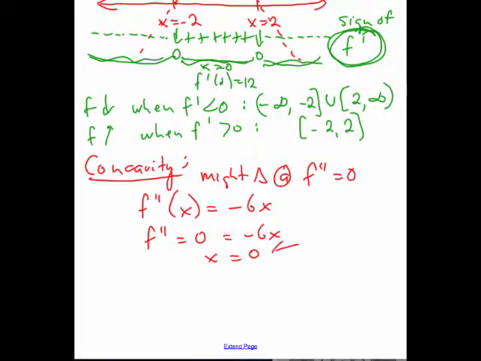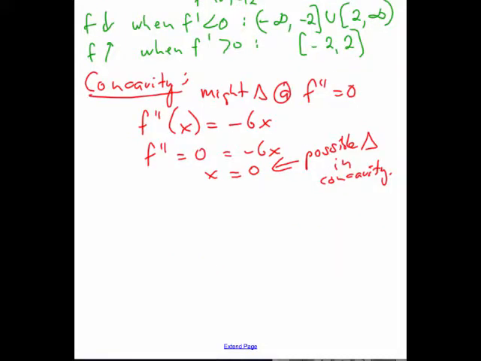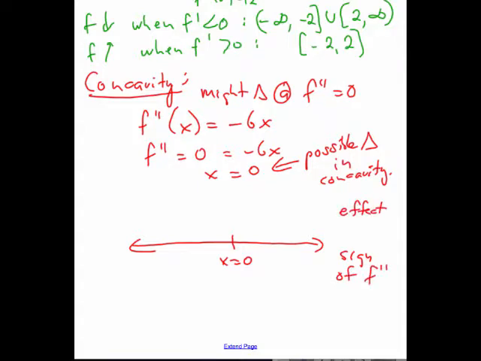So this is a possible change in concavity. If it is a point where concavity changes, we'll be calling it an inflection point. So, does the second derivative change sign at x equals 0? Now we're going to look at the sign of the second derivative compared with the effect on the original function.